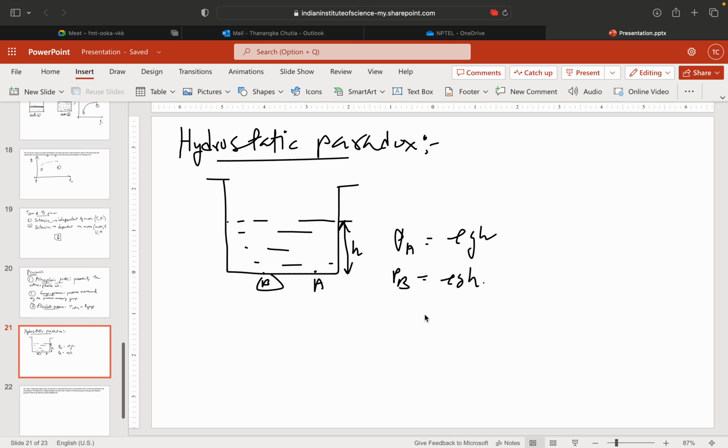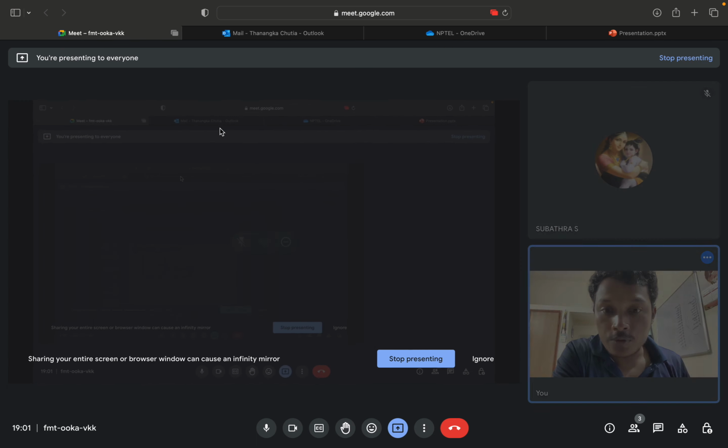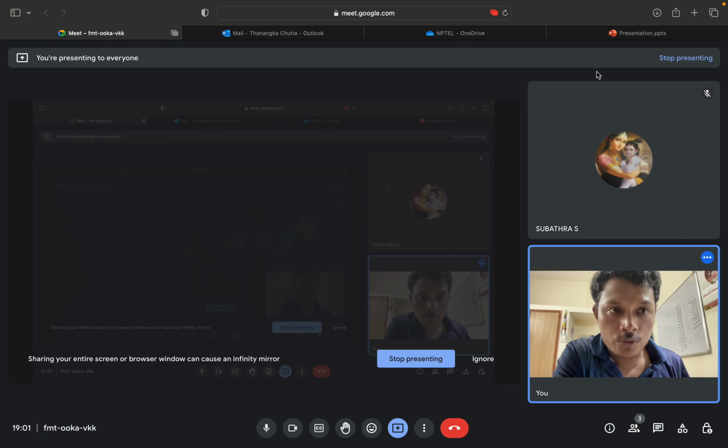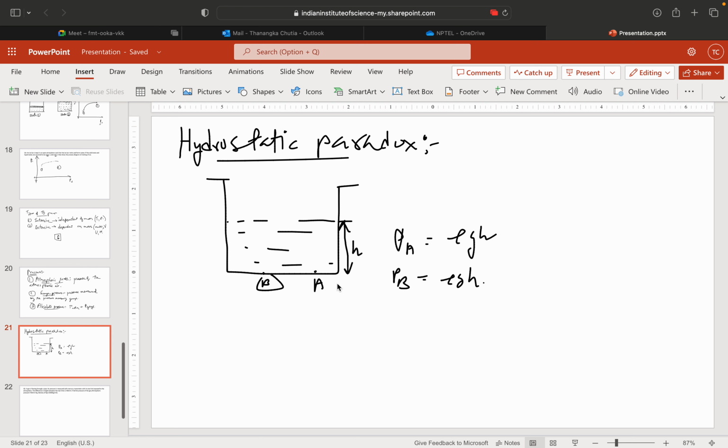What it means is that it does not depend whether it is here, here, or here. It only depends on the height from the level of the water. So if you know the height, you can calculate the pressure at each and every point here. Okay, so this is the hydrostatic paradox.